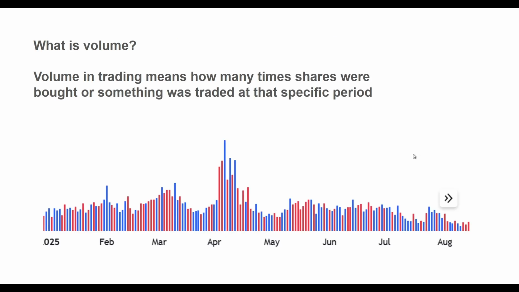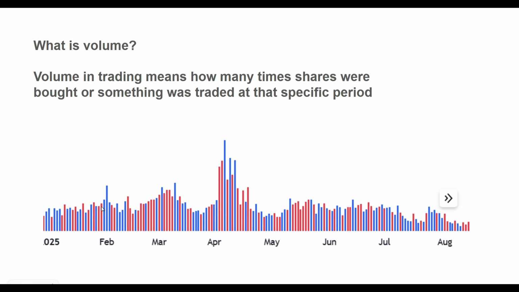So first you have to understand what is volume. Volume means how many times shares were bought or something was traded at that specific period. In this chart you can see this is a tick volume from TradingView.